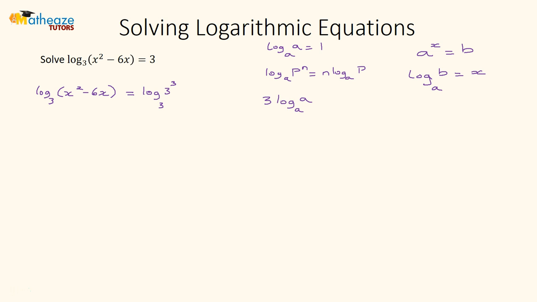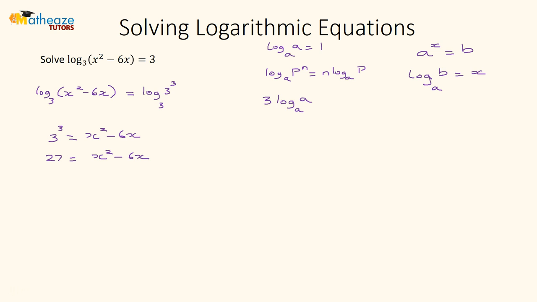So in this case, we can also rewrite it this way. 3 to the power of 3 is equal to x squared minus 6x. That's what this is going to end up being. So 27 is equal to x squared minus 6x.